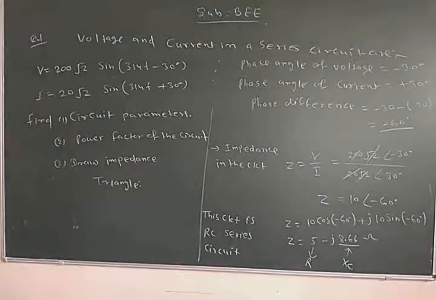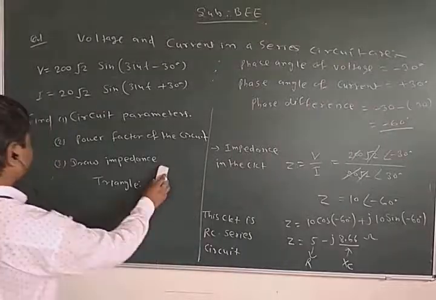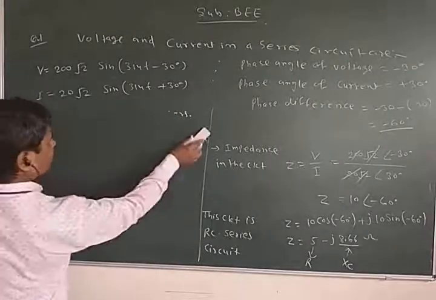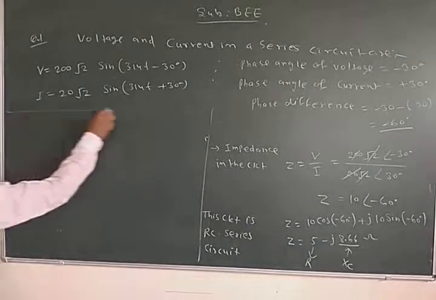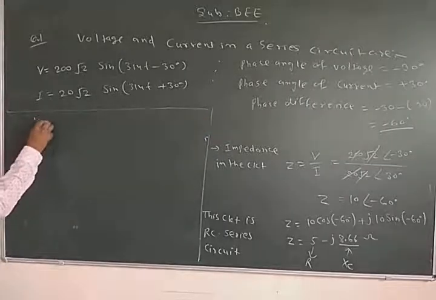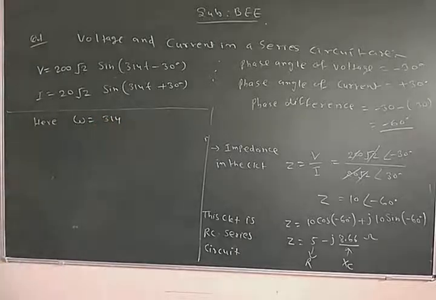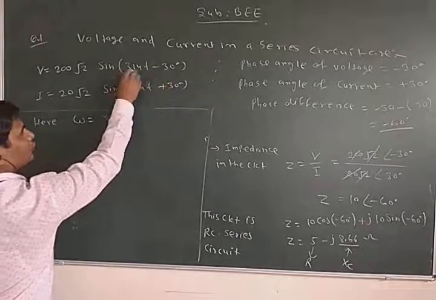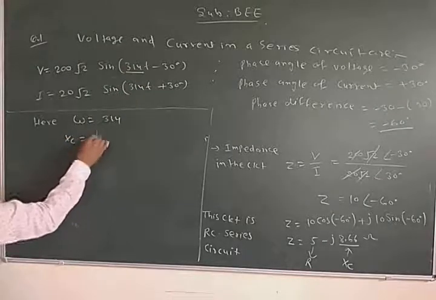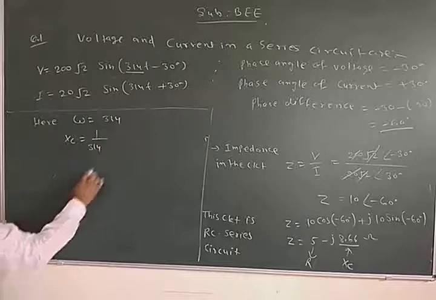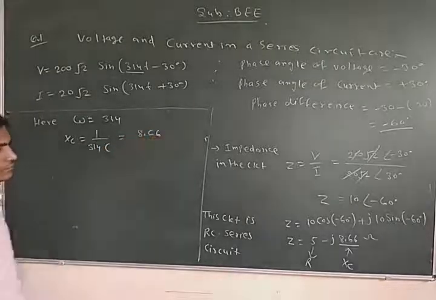Now we have to find C, given XC is 8.66. Here omega is equal to 340, and XC is equal to 1 upon omega C. So 340 into C, that is equal to 8.66.